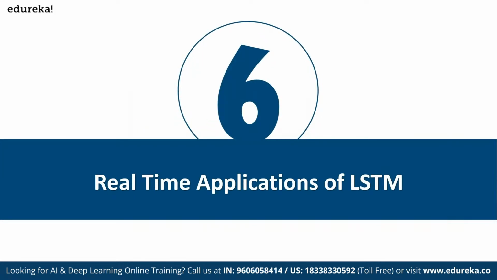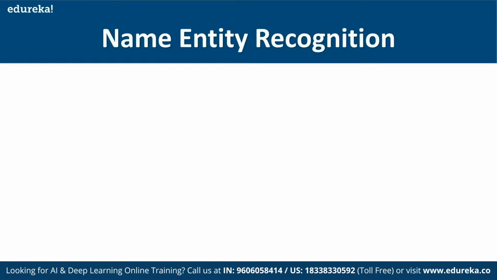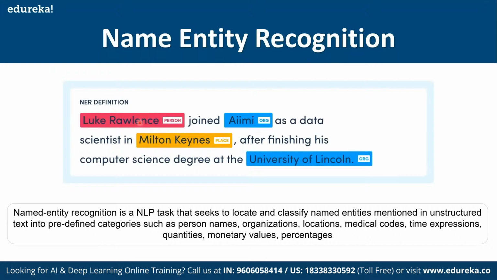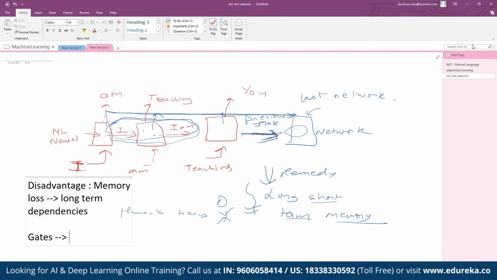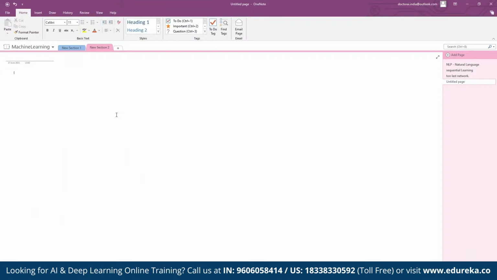What are the real-time applications of LSTM? NER. This is a very good application. Suppose I write to the LSTM input. You may have asked Siri a lot of times, or you may have asked Alexa a lot of times, what is the time, or say, what is the capital of India, right?